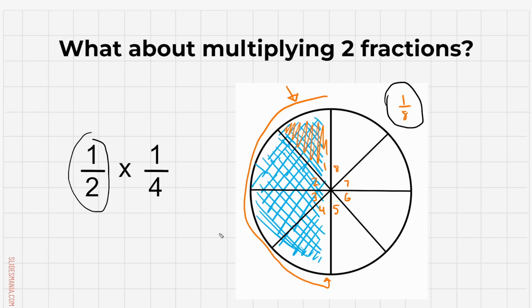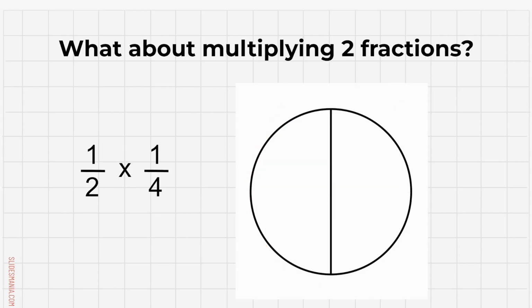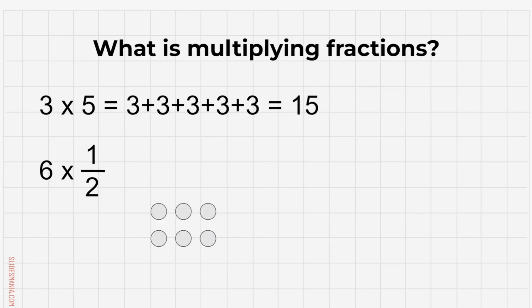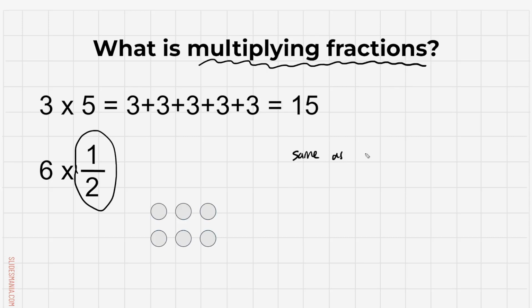Now, I know many of you already know how to multiply fractions, so why am I telling you all this? Well, I wanted you to be familiar with this idea that when we multiply by a fraction, it's essentially the same as division, but only when the fraction is between 0 and 1.